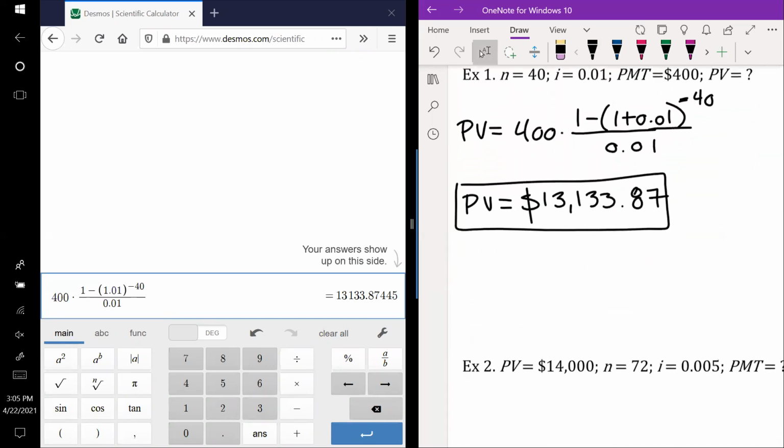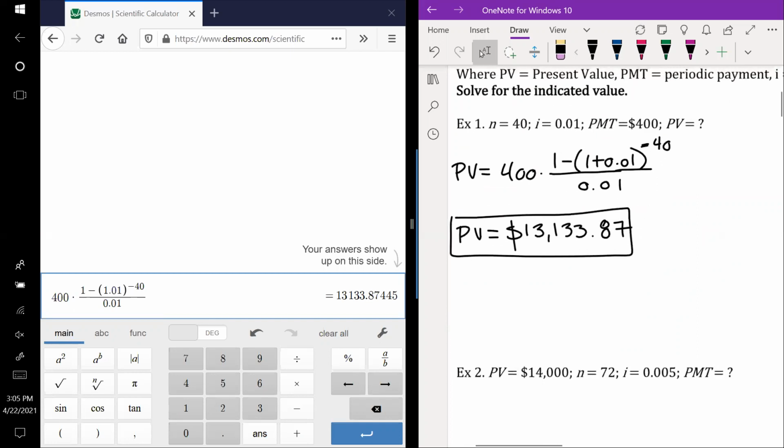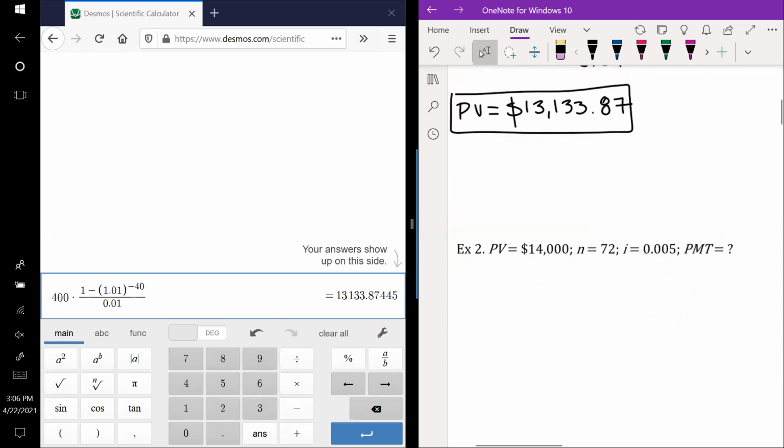Next one, it says present value is 14,000, N is 72, I is 0.005, and payment is what we're looking for. So we're going to use the second equation above for payment.